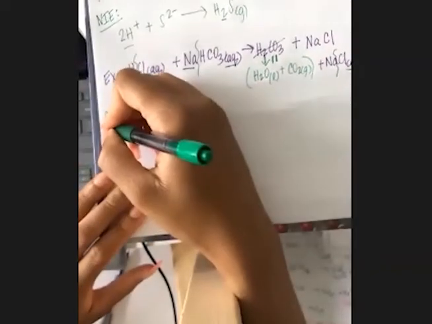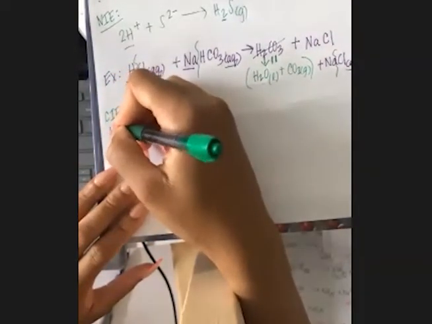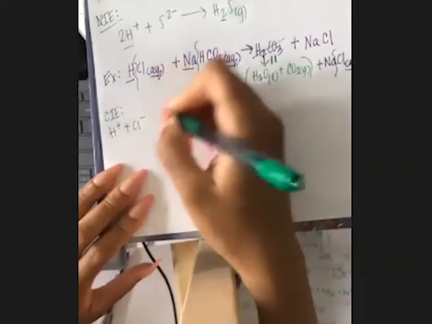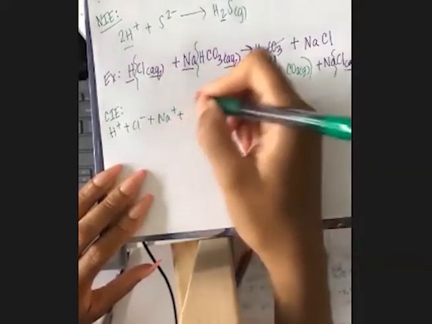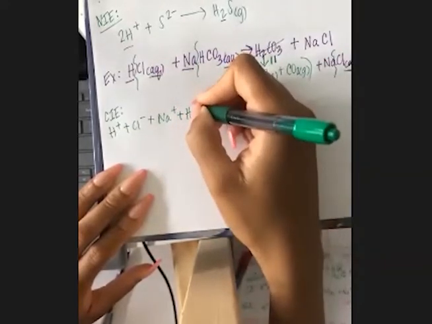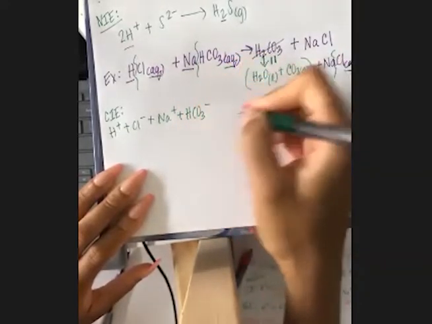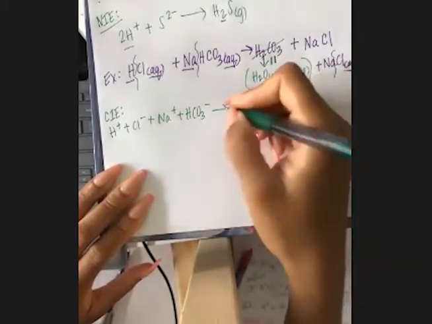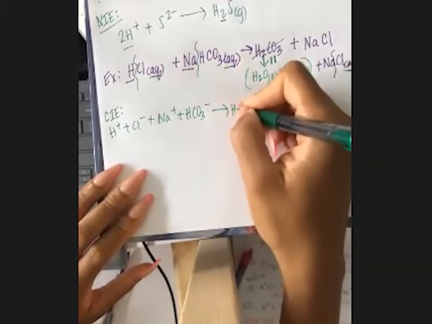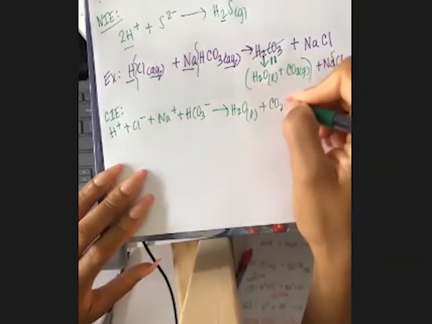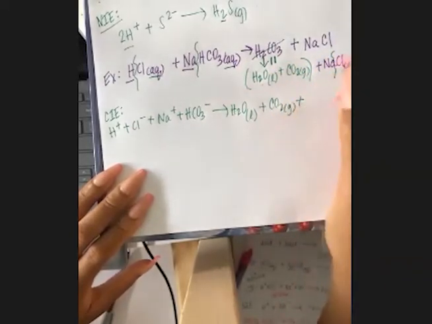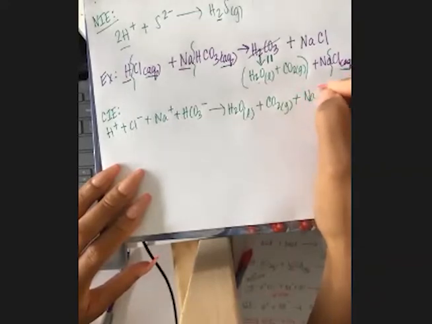When we write the complete ionic, it looks like hydrogen ions plus chloride ions plus sodium ions plus bicarbonate ions react to form liquid water plus carbon dioxide gas plus sodium ions plus chloride ions.